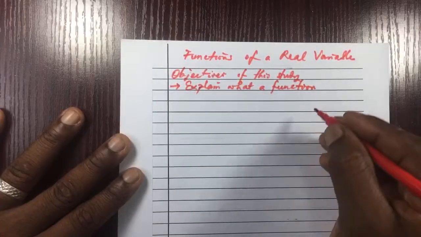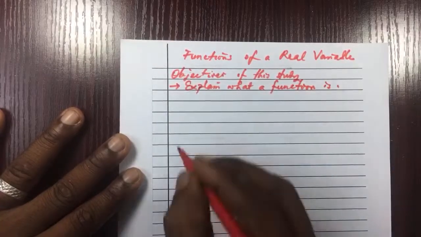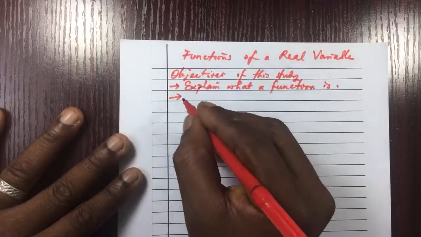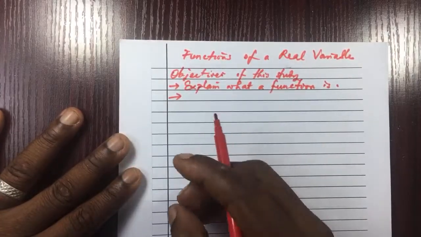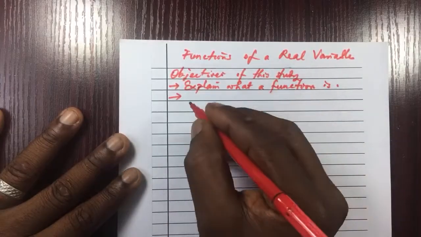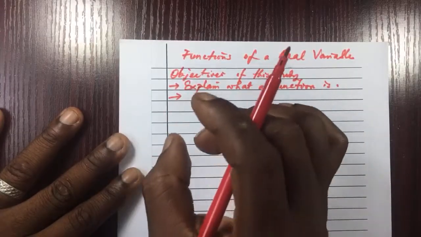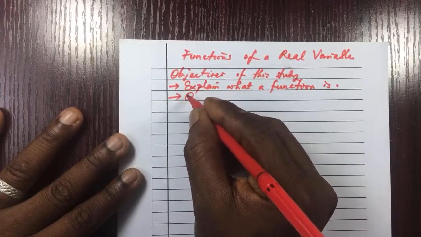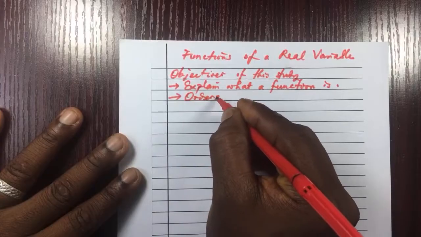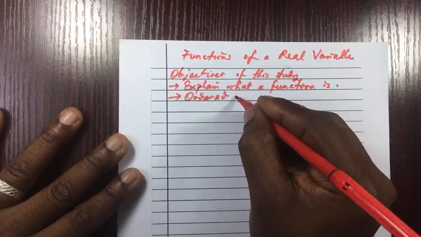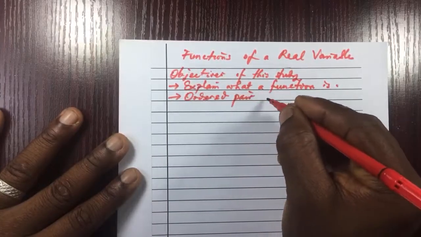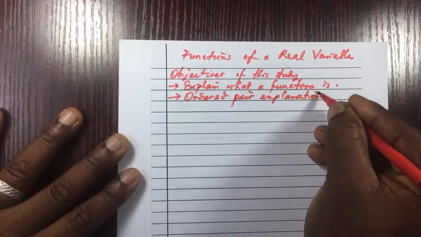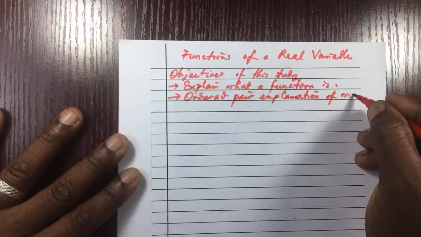Two, we shall explain one other way of representing a mapping, called the method of ordered pairs, the ordered pair explanation of mappings.